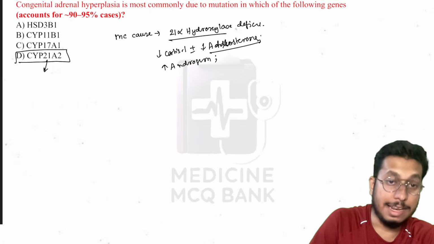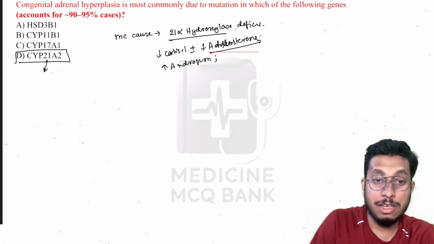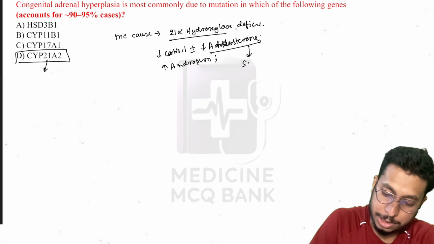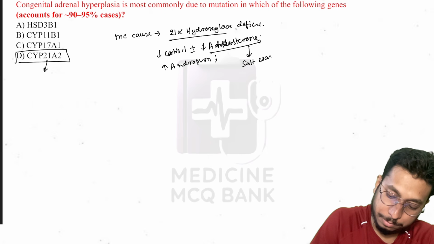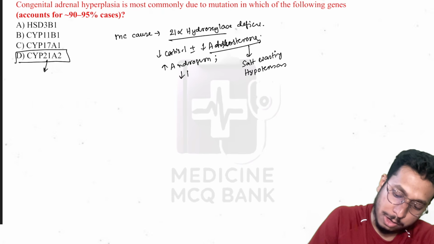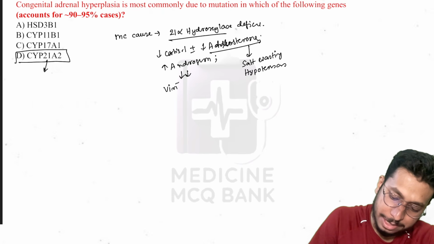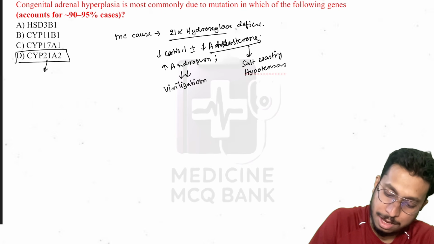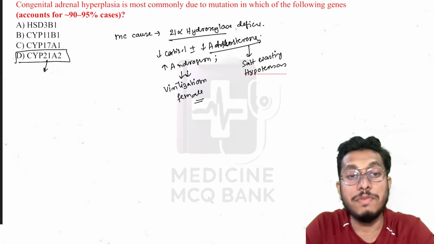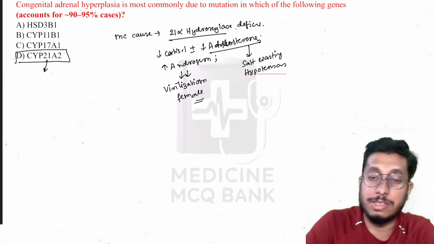As there is a decrease in aldosterone, there will be salt wasting, and additionally hypotension. Due to the increase in androgen, there will be virilization, early virilization in females. This will be seen in 21 alpha hydroxylase deficiency.